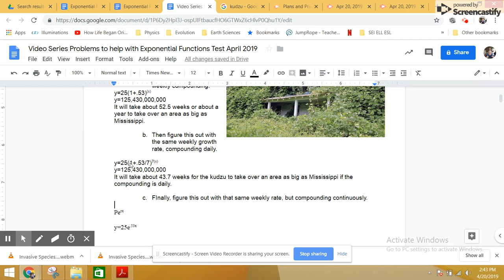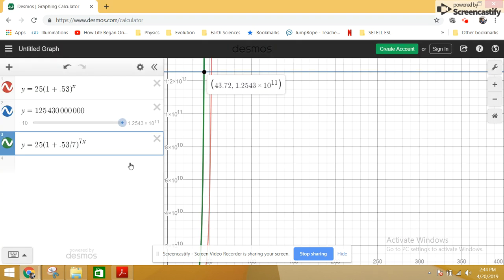And then again, we will see when that intersects with y equals our target value, which is the area of the state of Mississippi. So here we have our equation, y equals 25e to the 0.53x. Let's go over to Desmos and do it.